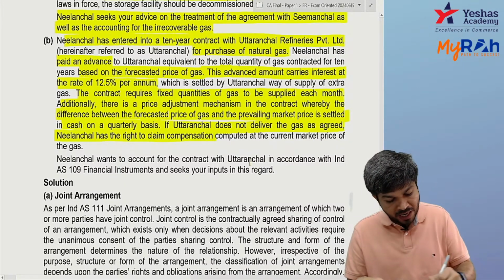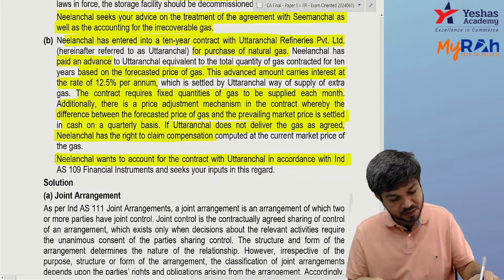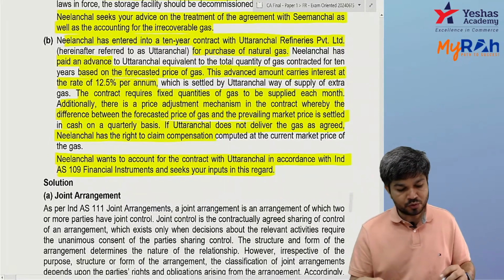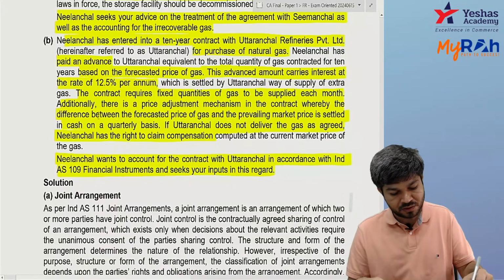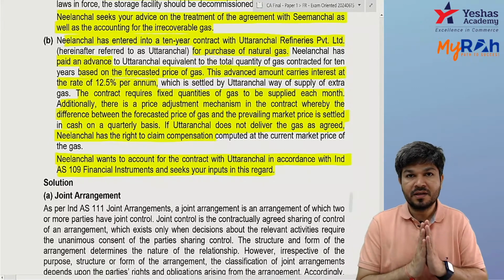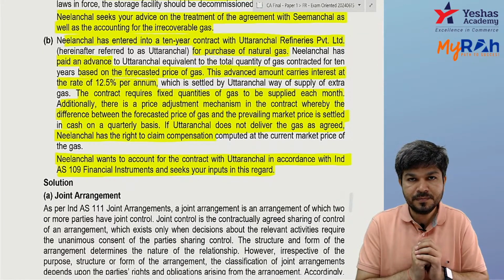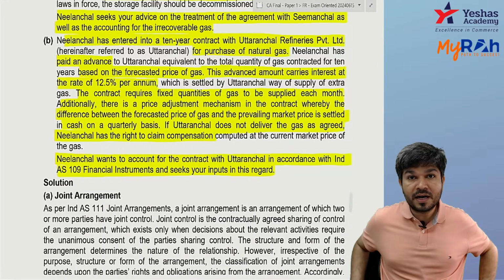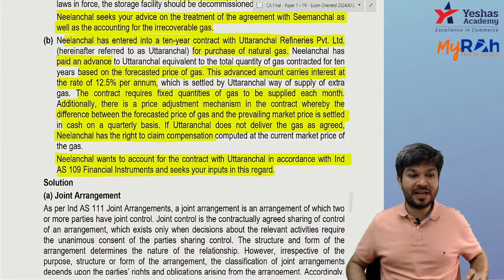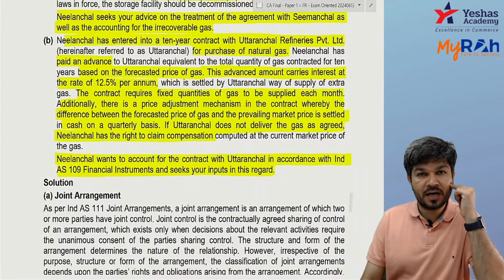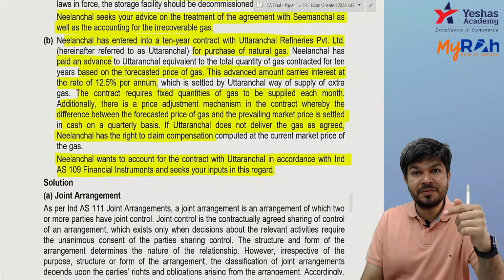Okay, now how to account for this contract? Now, question: can I say there's a contract to get delivery of the gas? It's a contract to buy or sell a non-financial item which will be settled by delivery.